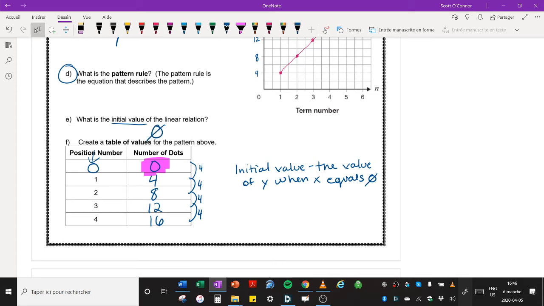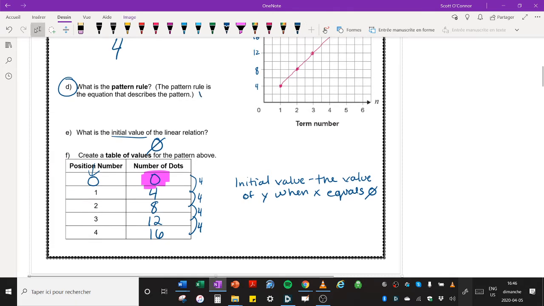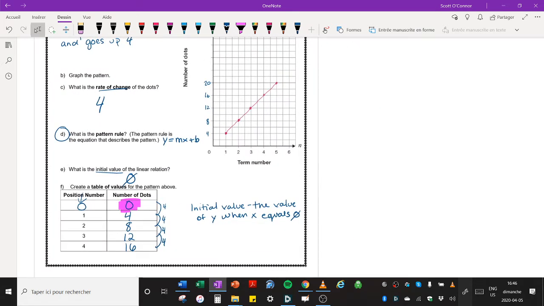Okay, so now we want to figure out the pattern rule. And the pattern rule, we're going to be using an equation that looks like this. Y equals mx plus b. And y is always going to be our dependent variable. And our dependent variable in this case is the number of dots. So we do n, capital N. And the rate of change is m.